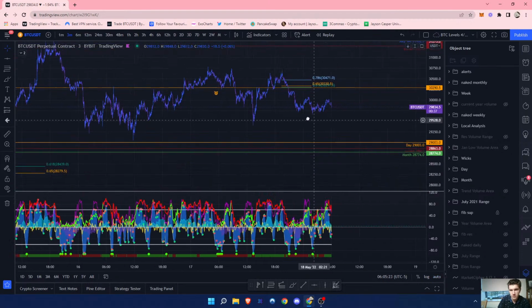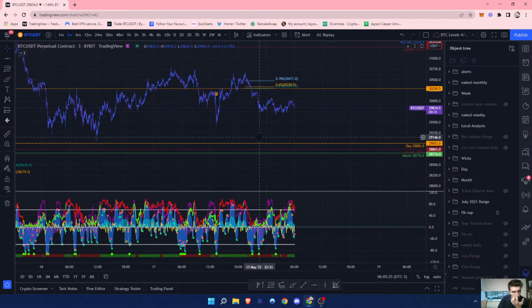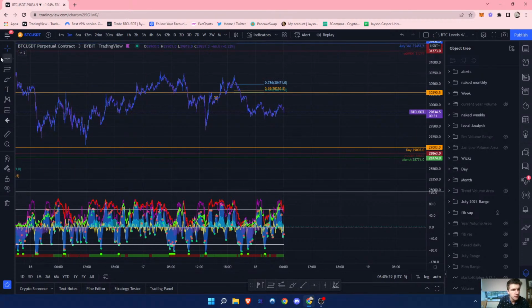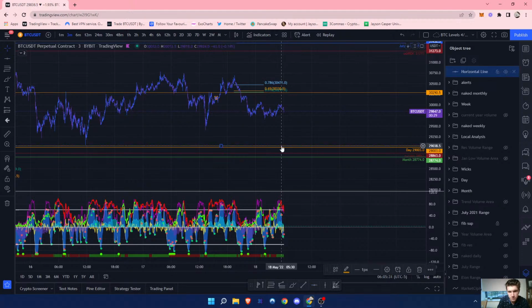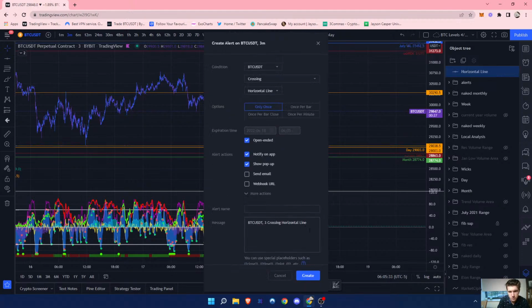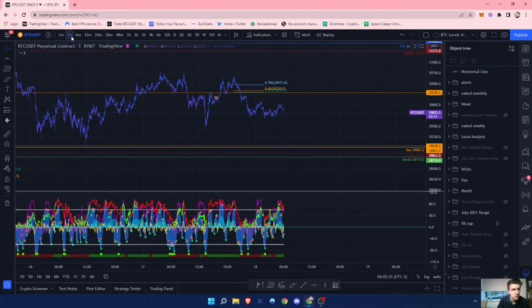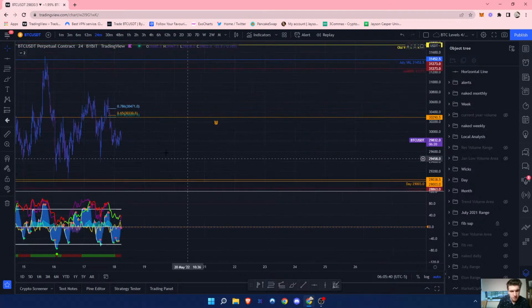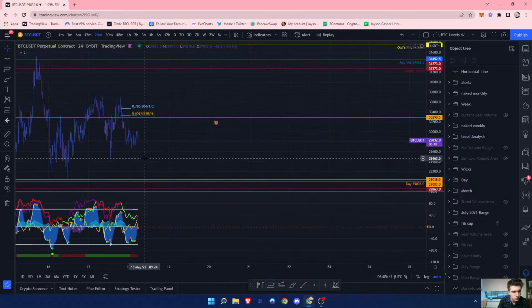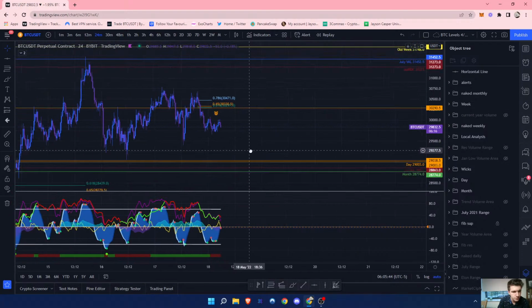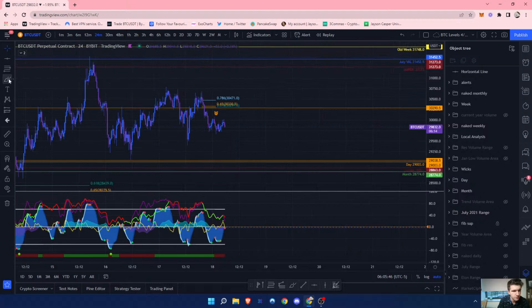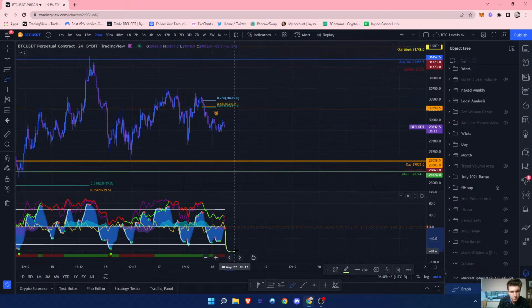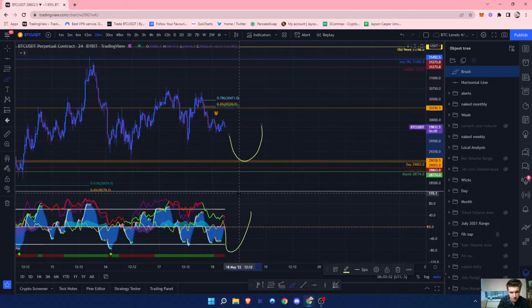Can look for a long possibly. Could have a nice long off of this daily, and again, this will be more of a 24-minute. What I'm looking for is momentum to possibly reset and come down, with price coming down towards that daily level.